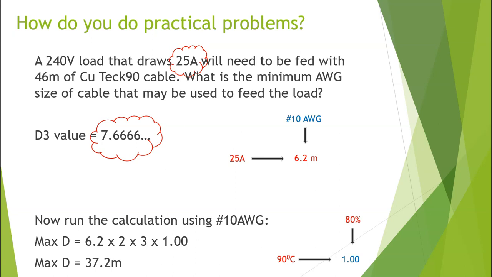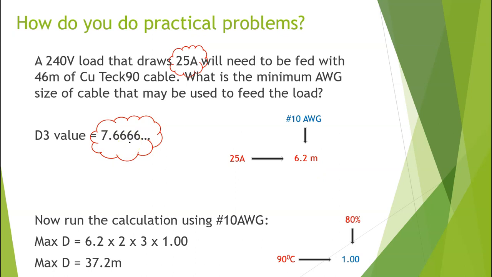We've gone into table D3. We've taken our value of 25 amps, that's our actual load ampacity. We've gone across at 25 amps until we hit a number that's equal to or less than our calculated D3 value of 7.66.